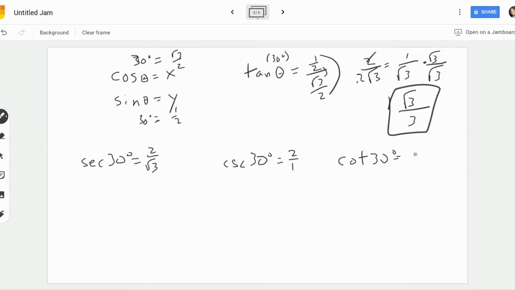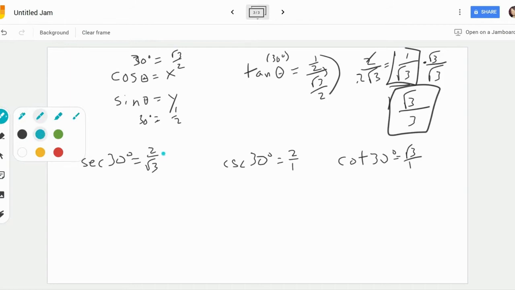Cotangent is the reciprocal of tangent, and so we just flip it, and I would go back to this part, because I don't want to flip this over and go 3 over square root of 3 and then have to do that whole mess I just did right here, rationalizing the denominator. I can go straight to right here and say this is now square root of 3 over 1, and we can simplify all of these.